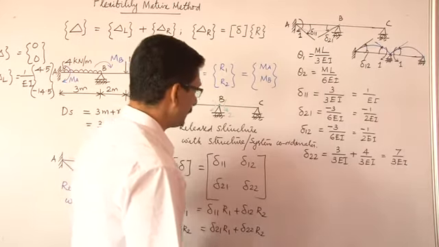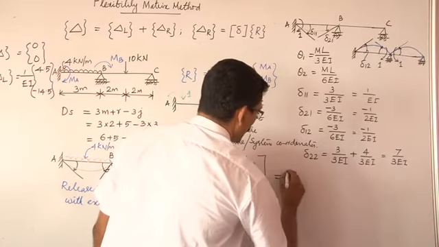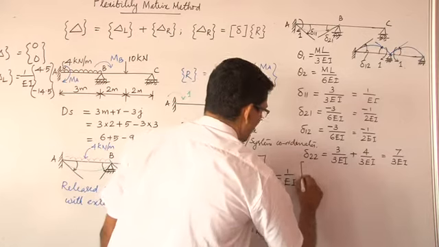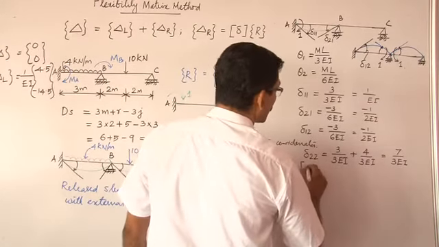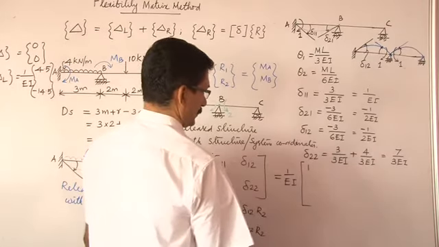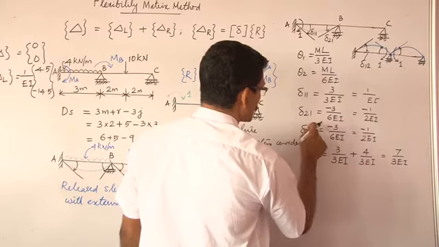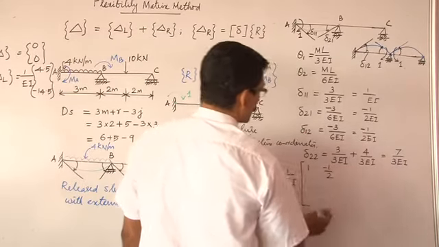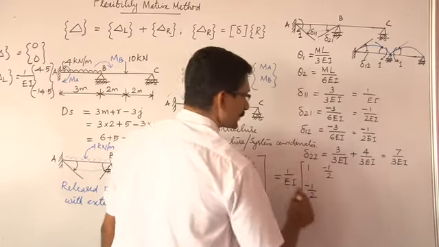So the delta matrix will be equal to, keeping 1 by EI outside, 1, delta 1,2 is minus 1 by 2, delta 2,1 is minus 1 by 2, delta 2,2 is 7 by 3.